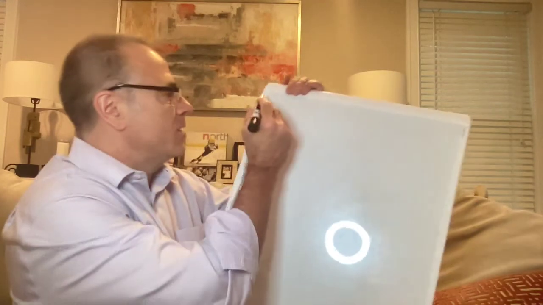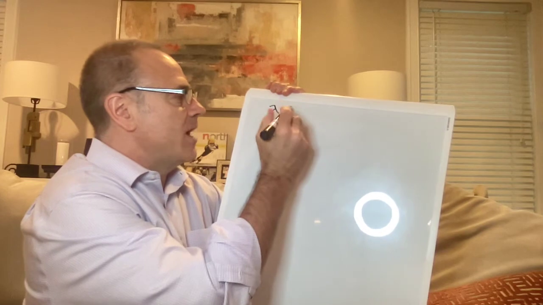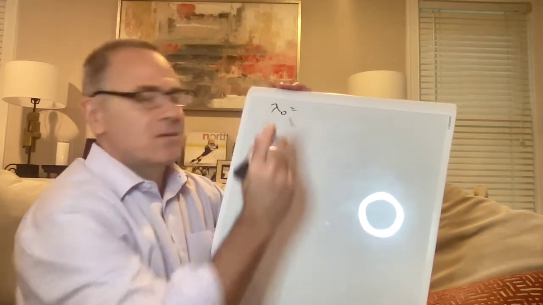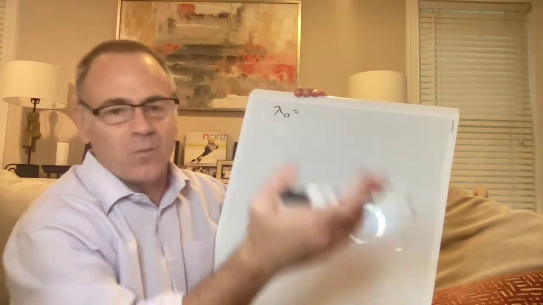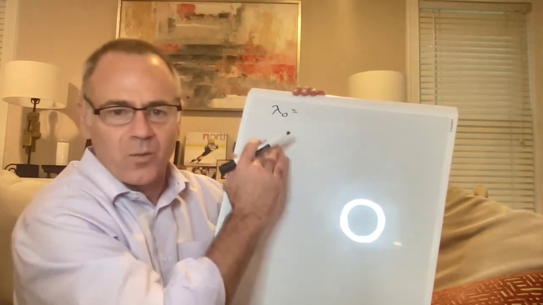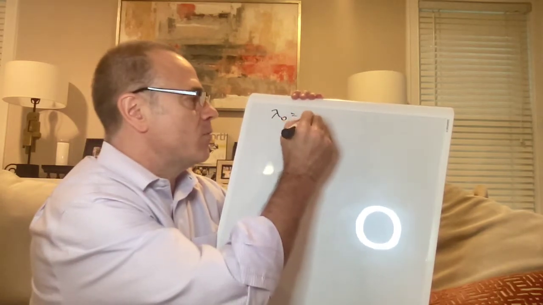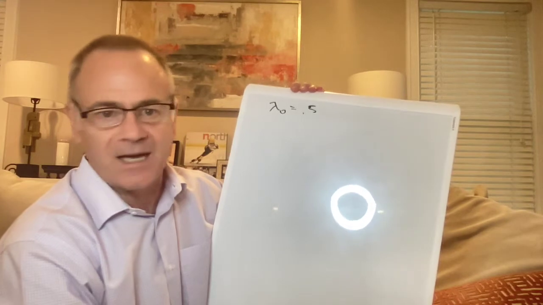In particular, I want you to recall that you start off with a seed value for lambda, call that lambda 0. More generally, if it's a vector, we'll call it theta 0. But for this homework problem, it's going to be lambda 0. I told you make it 0.5. That's going to be your seed value, your first guess.